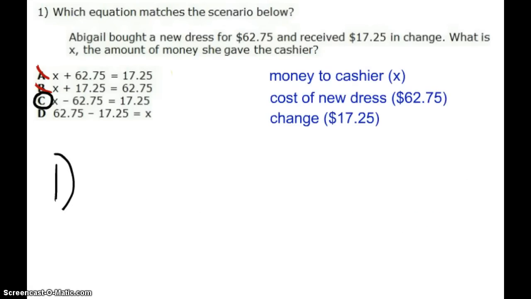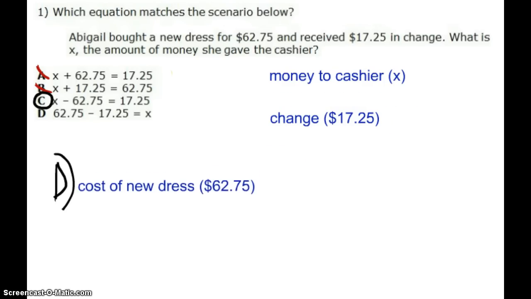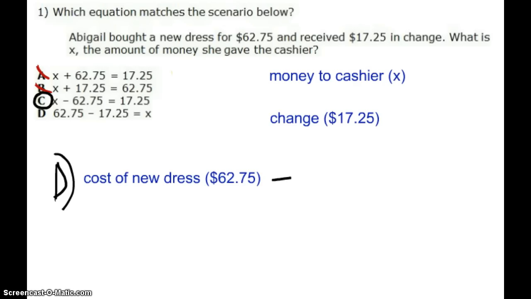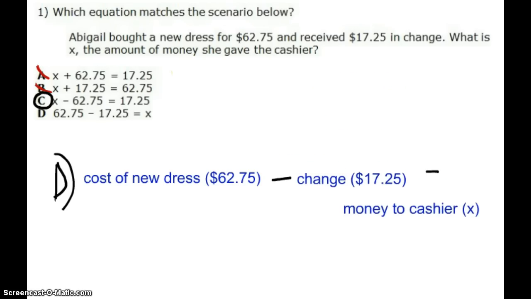So D is $62.75, the cost of the dress, minus the change equals the money to the cashier. So the cost of the dress, and then you subtract the change, and that's how much you give the cashier.